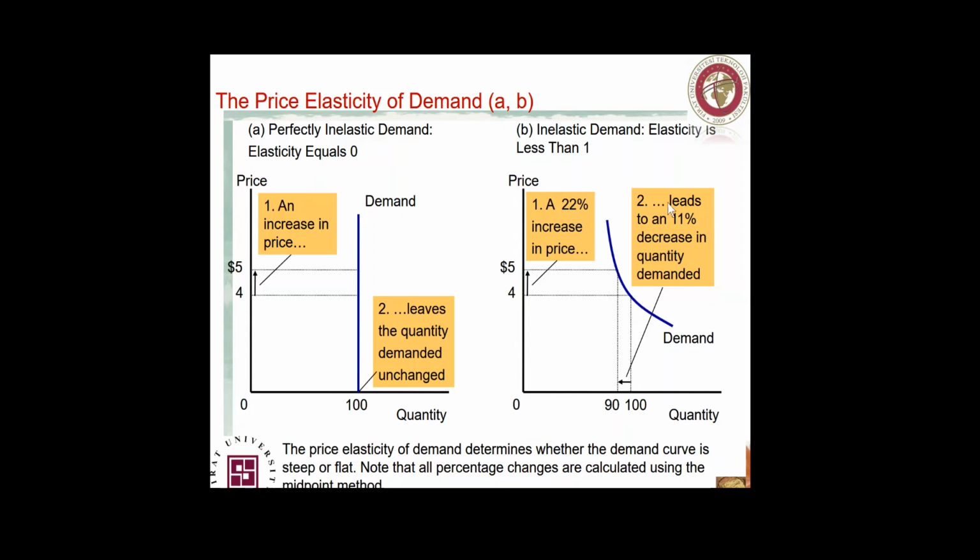And that exactly makes the good or the service inelastic. Its demand is inelastic. That means people cannot give it up even if the price changes. You will find some buyers leaving the market or not buying, but not as many as with elastic goods or services.